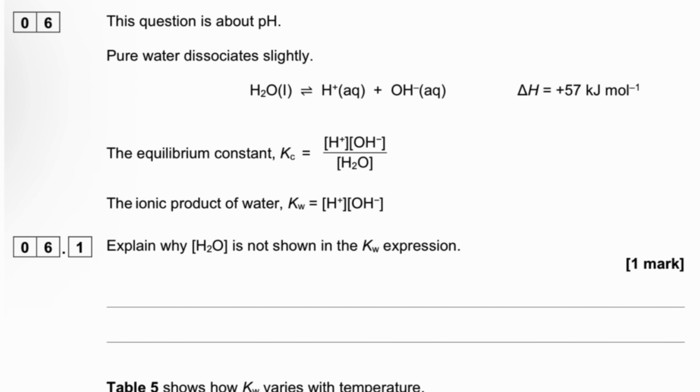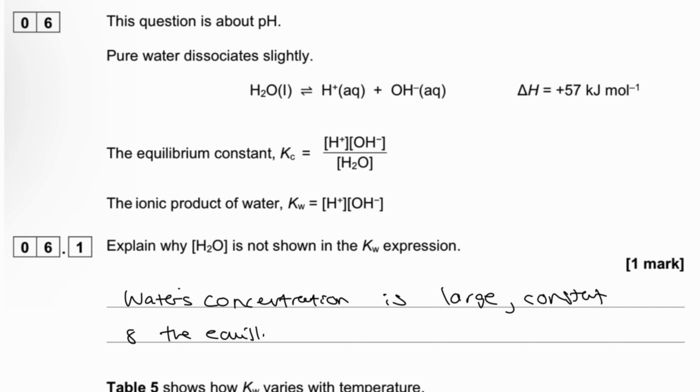Now they said explain why water is not shown in the Kw expression. As we said before when we cancelled it out, the reason why is because water concentration is large, constant, and the equilibrium is positioned far to the left.